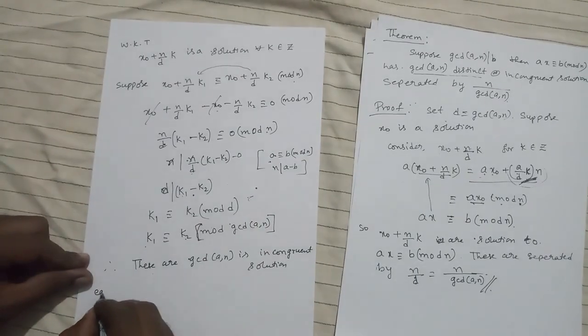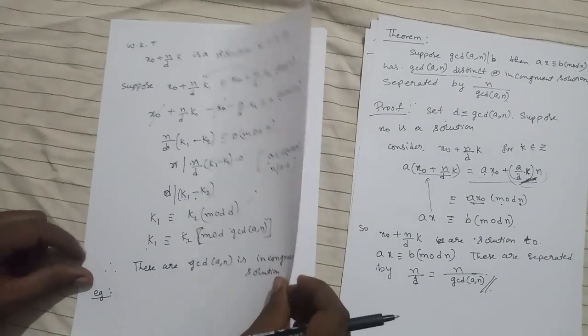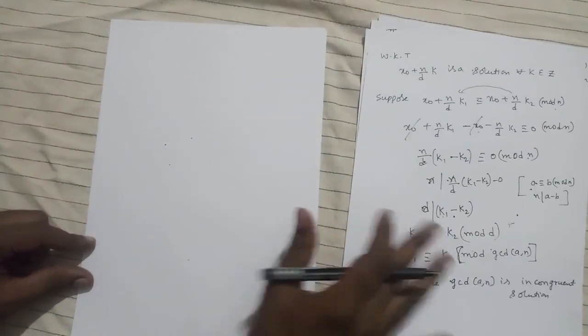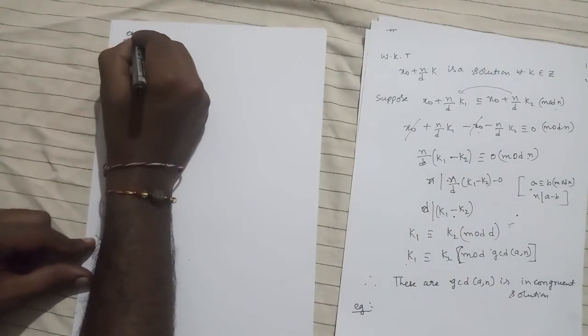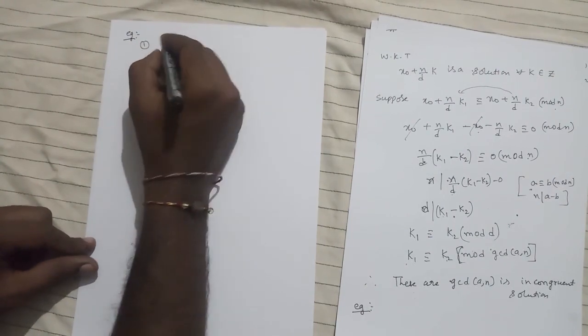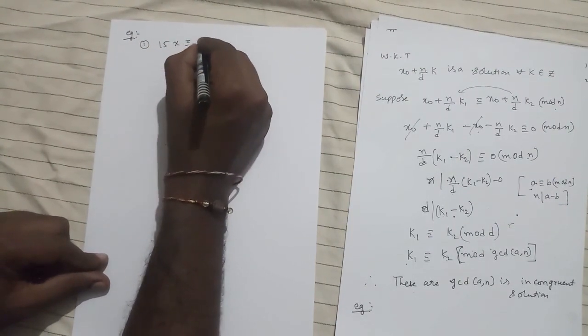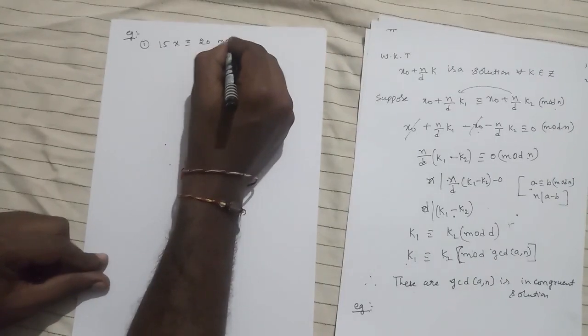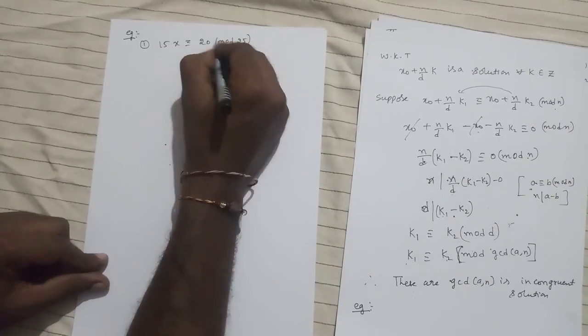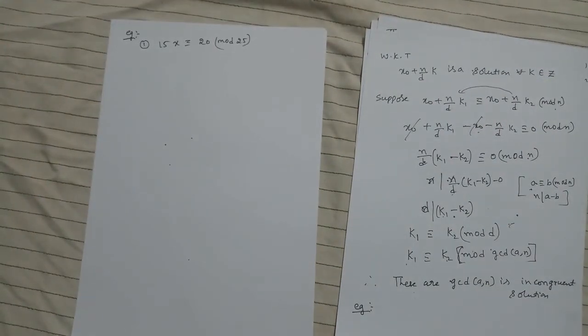For example, I will take one example here. Example one: 15x is congruent to 20 mod 25. It is a linear congruence equation, right?